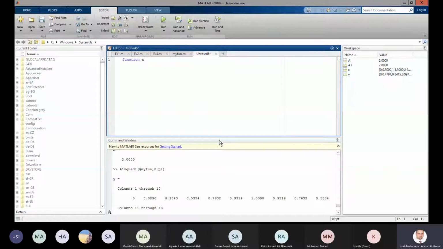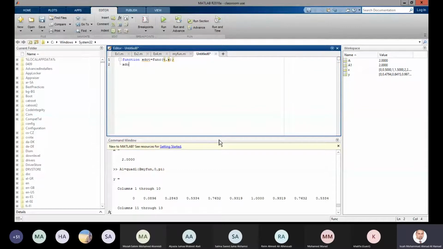I already used my function name, so I will call this func, okay? And it is a function of t and x.